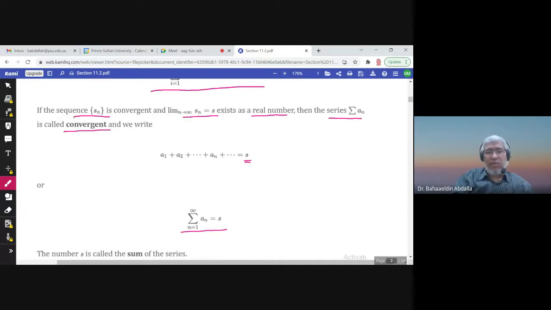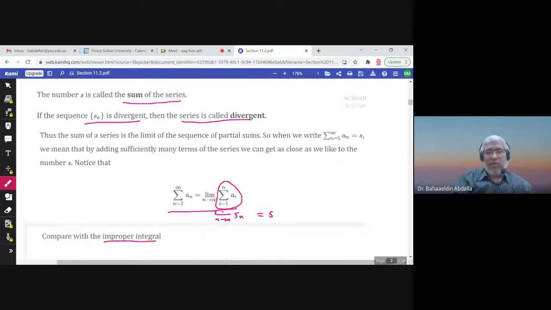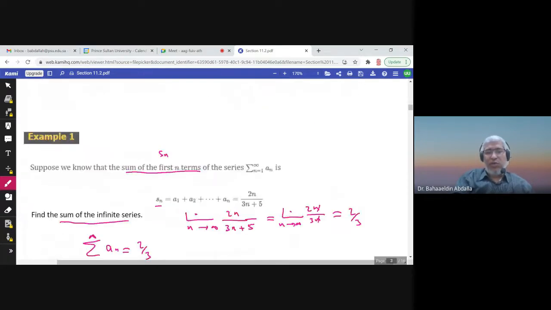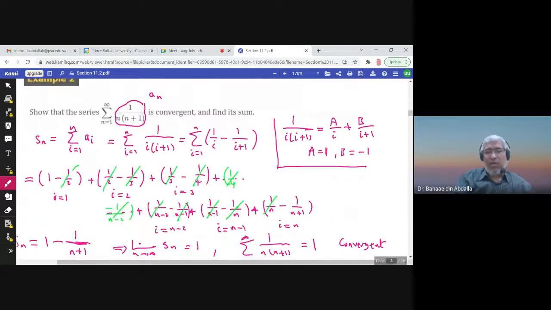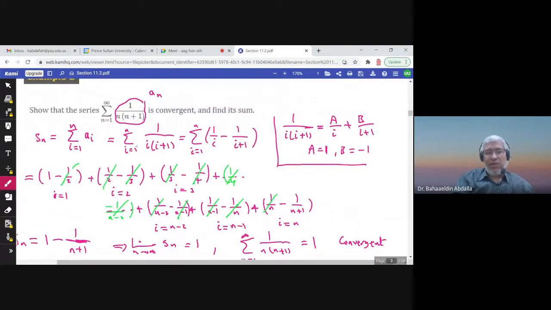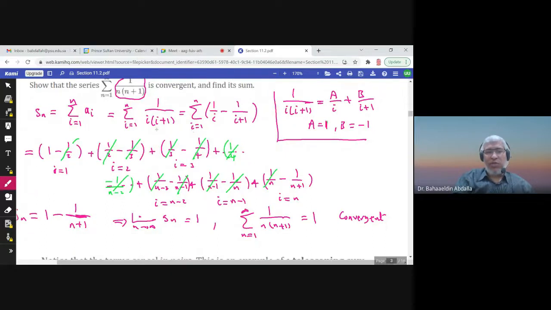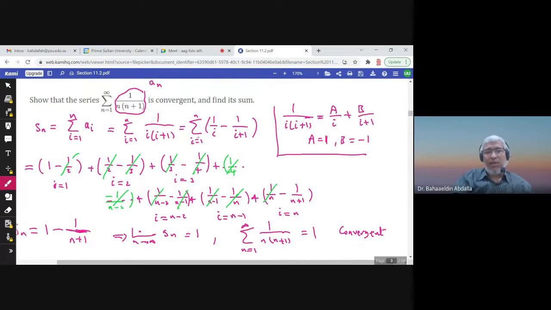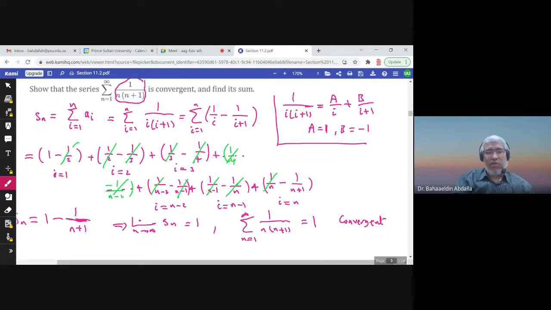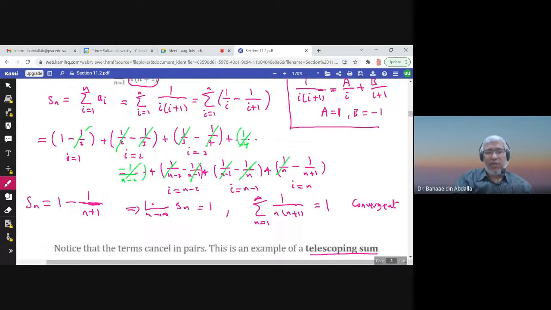And we studied some kind of series which we can write as a telescoping sum like this. And this series, which we can write as a telescoping sum, we can find their S_n.